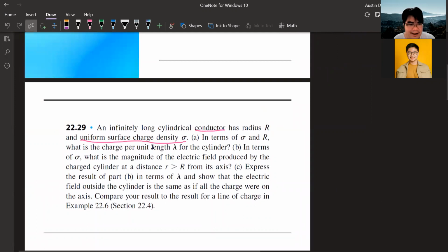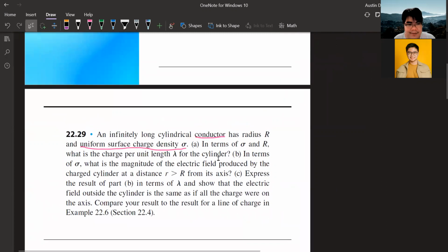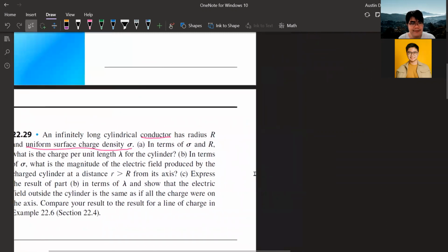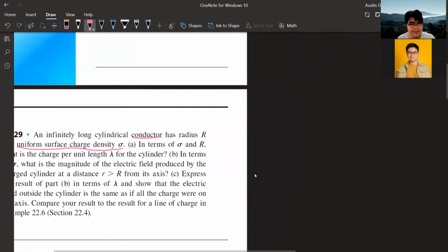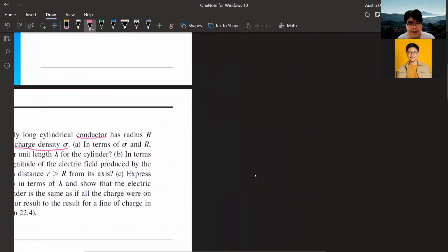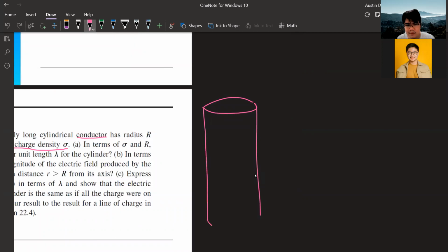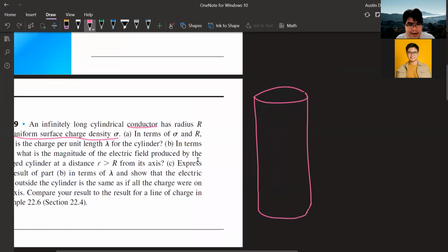Ayan, sinasabi ko pa lang. For the cylinder. Okay, so drawing muna tayo ng cylinder. Okay, so may mahaba ka raw na cylinder. Sige, lakihan natin. Okay, so may cylinder ka na ganyan.